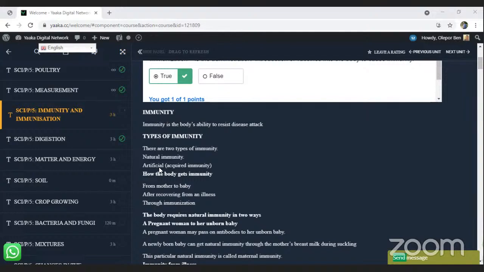I need you to go through this unit, immunity, as you see, types of immunity, like that. The other thing that I need to hear from Ketra, are you able to get this work? Yes, teacher. Okay, so I want you to do this work as it is.